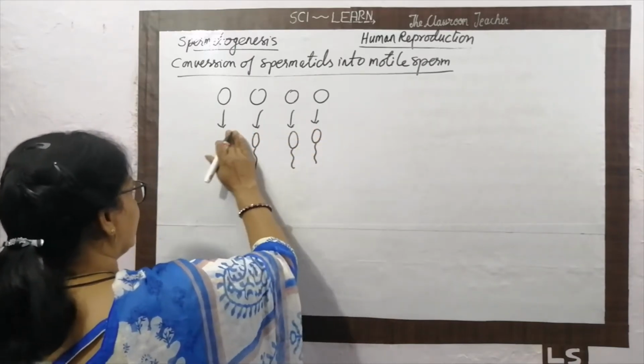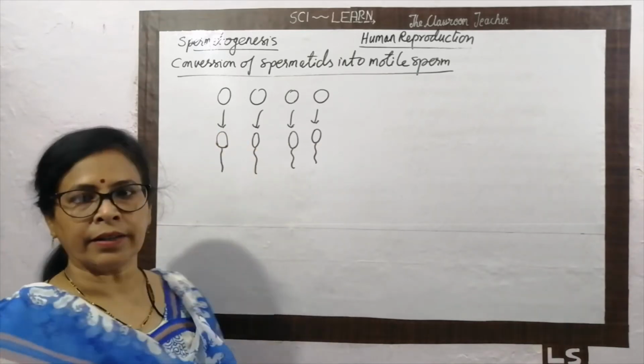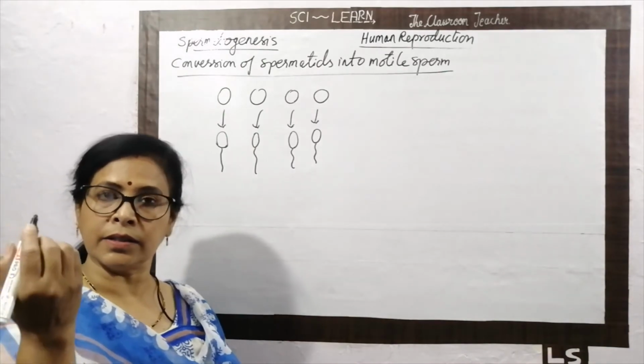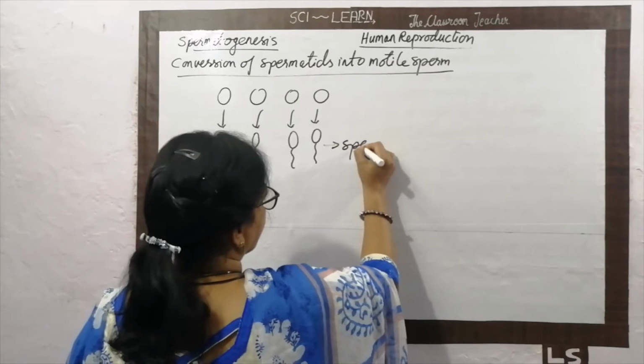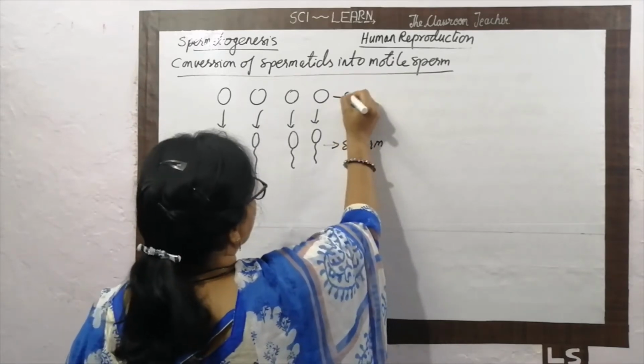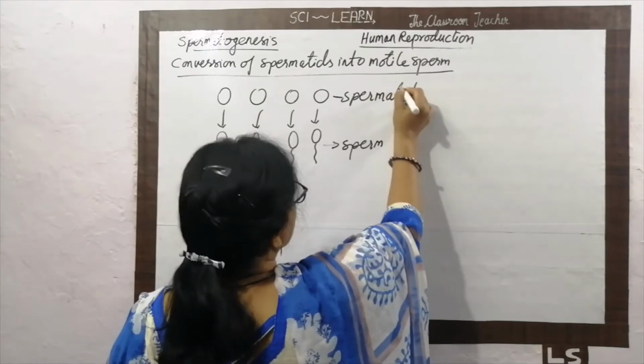Sperms have a prominent tail, and so they are motile in nature. These are the sperm, and these are spermatids.